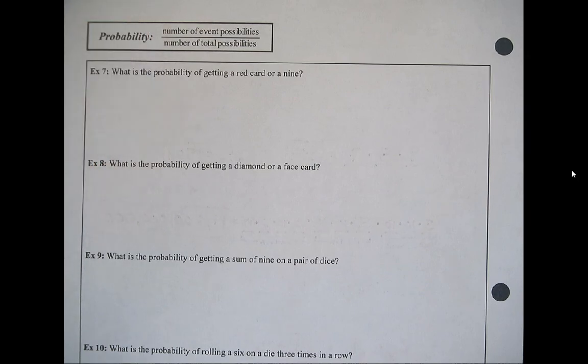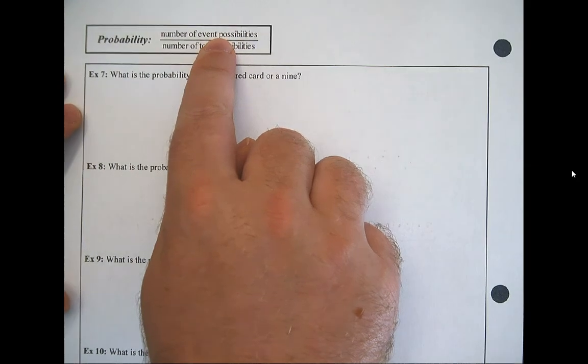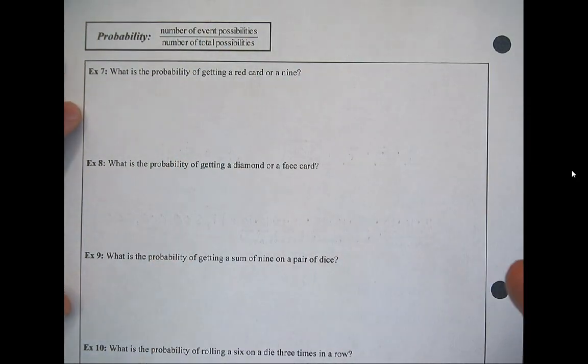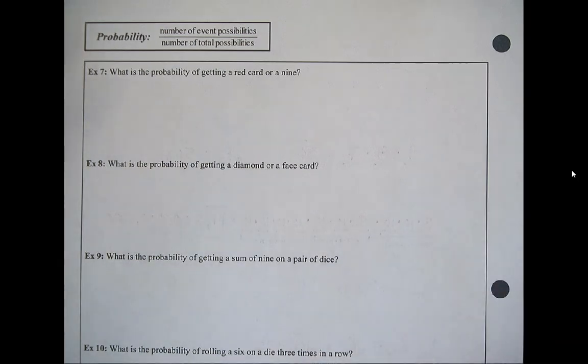So for instance, when I flip a coin and I try to get tails, my event would be trying to get tails. So how many ways could you get tails when you flip a coin? You could only do it one way. How many different things could happen when you flip a coin? There are 2 different things. So that's why it's 1 out of 2.